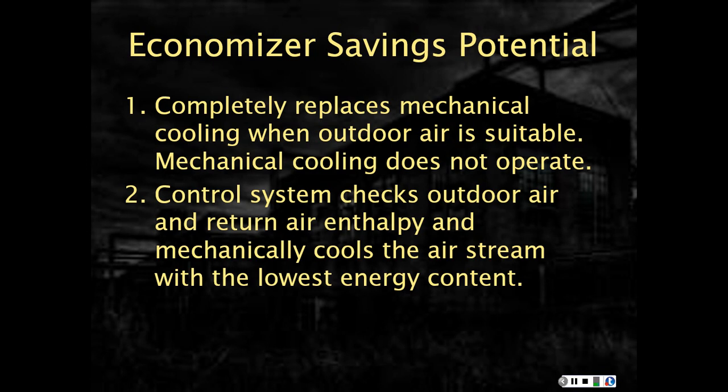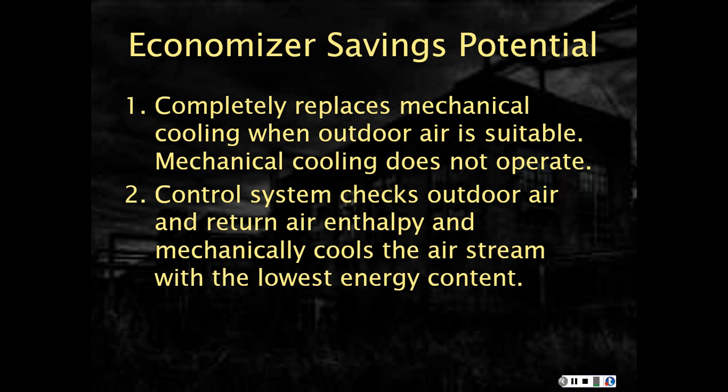The second situation: the control system checks the outdoor air and the return air enthalpy to see which airstream has the least amount of energy. And once it decides on that, it'll mechanically cool the airstream with the lowest energy content.